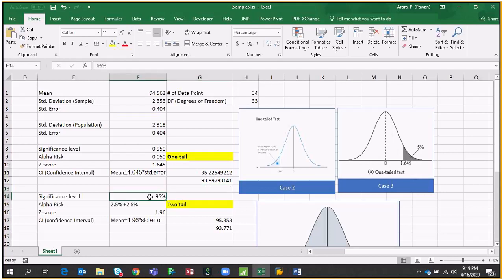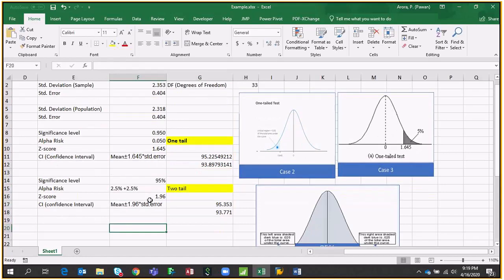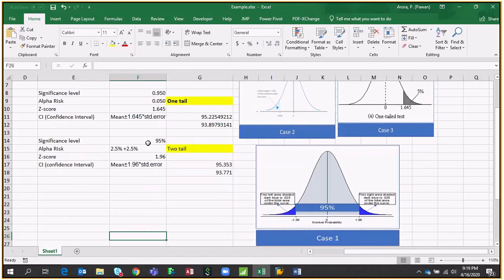Now let's talk about the two-tailed test. Sometimes in hypothesis testing, we are checking whether our data, meaning the average mean, is equal to or not equal to the hypothesized value. In the other case, when we say greater than or less than, it is called one tail.